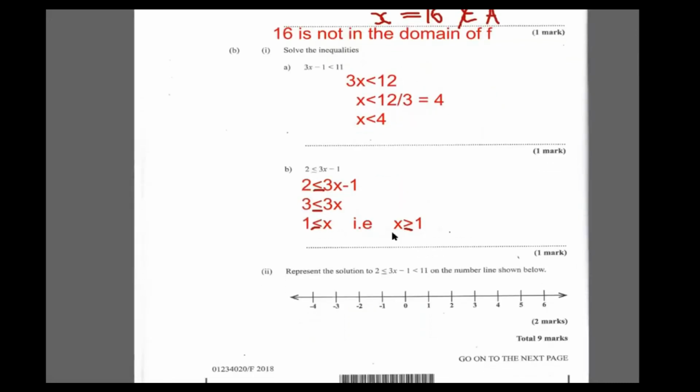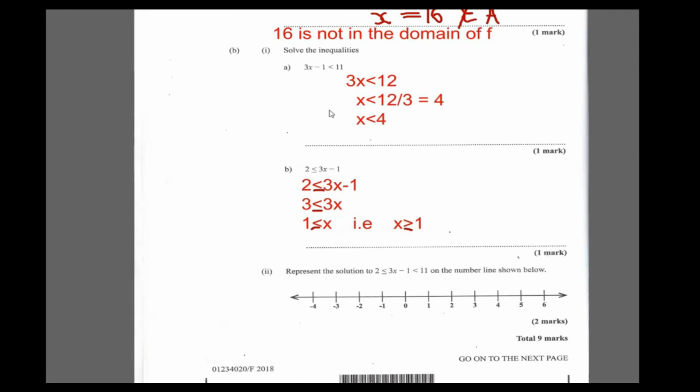Then finally, it says represent the solution of 3x minus 1 less than 11, but greater than or equal to 2. So as we can see, the solution is x greater than or equal to 1, but x must be less than 4.